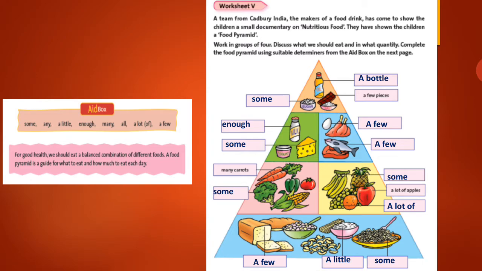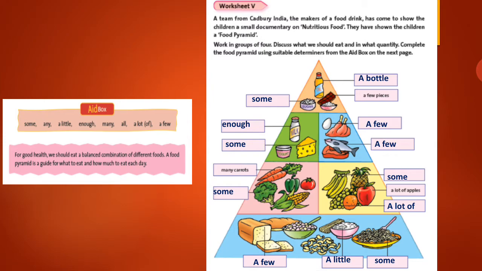Some cheese, a few fish, a few eggs, some green vegetables, some fruits, bananas, a lot of grapes or fruits, we can say, a few slices of bread, a little porridge, we can say.